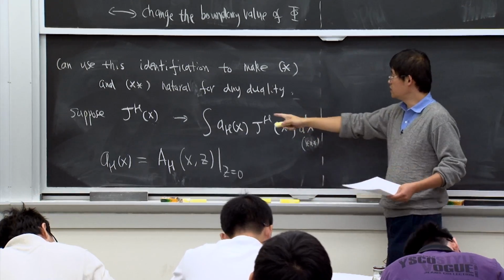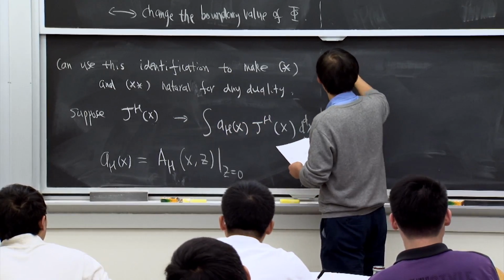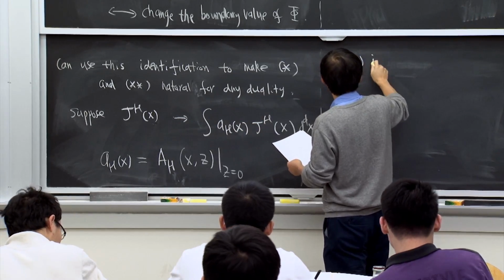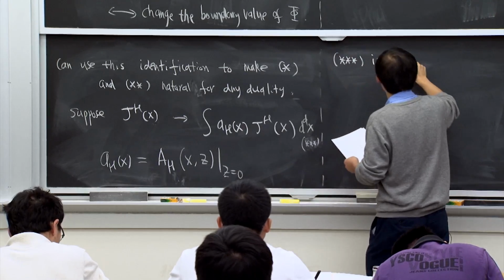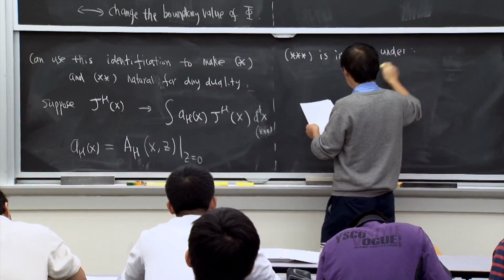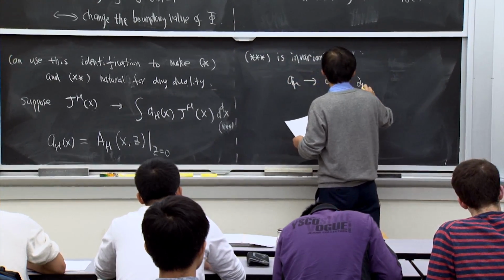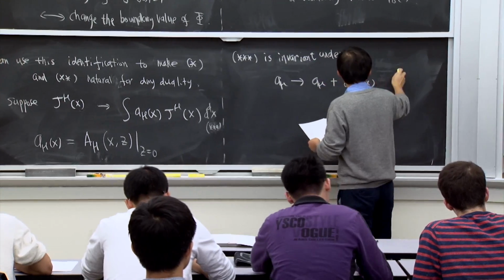So since J is conserved, star, star, star is invariant under the following transformation: A mu goes to A mu plus partial mu lambda of x, for any lambda of x.